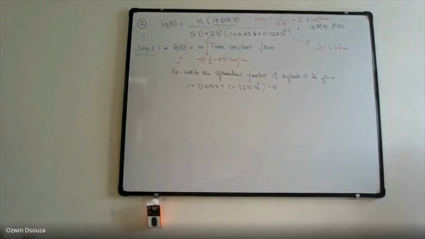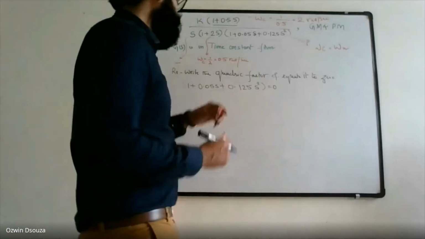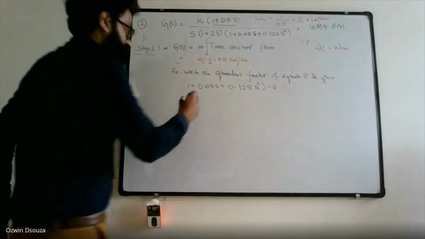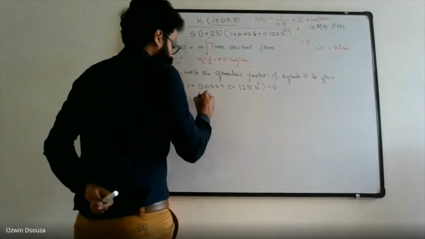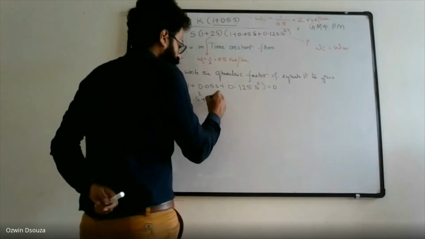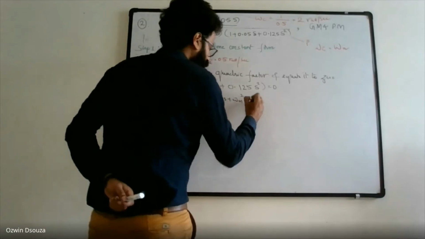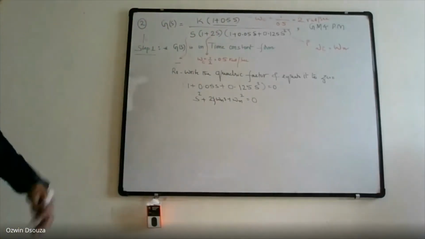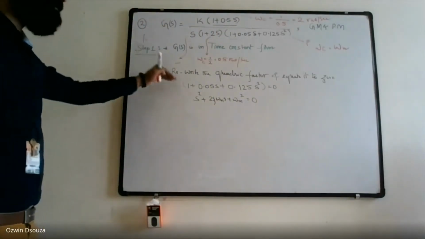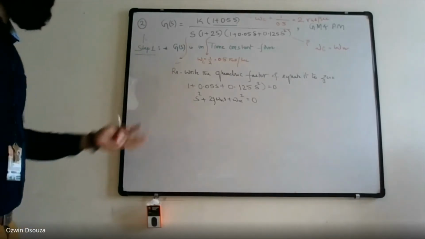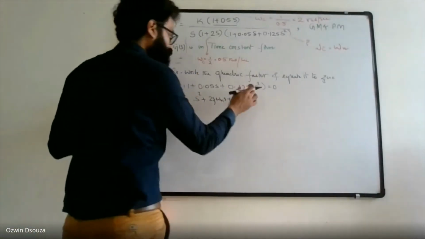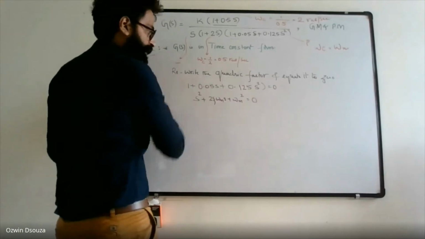Now I should be able to compare this quadratic factor with the standard equation of a second order system, which is s squared plus 2 zeta omega n s plus omega n squared is equal to 0. So I have to convert my given quadratic equation into the standard form. That can be done by taking out 0.125 outside the bracket.